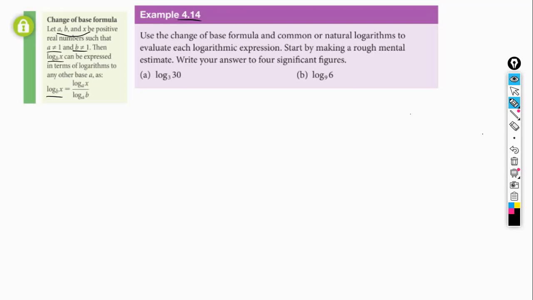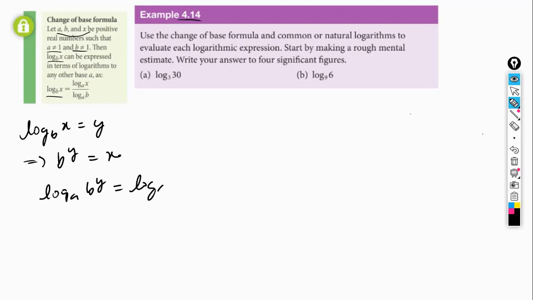So you might be wondering, why is this so? Well, let's say that log base b of x is equal to some y. This implies that b to the power of y is equal to x. And then if we apply a logarithm of any base, let's say log base a, to b to the power of y, that is equal to log base a of x.